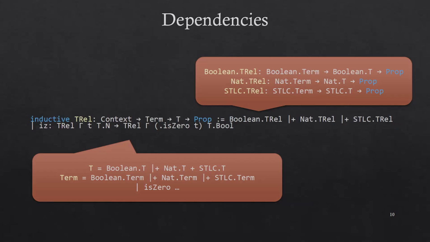But at the same time, these types here, boolean.term, nat.term, stlc.term, are subtypes of the newly defined type T. So this is safe from a type safety point of view.